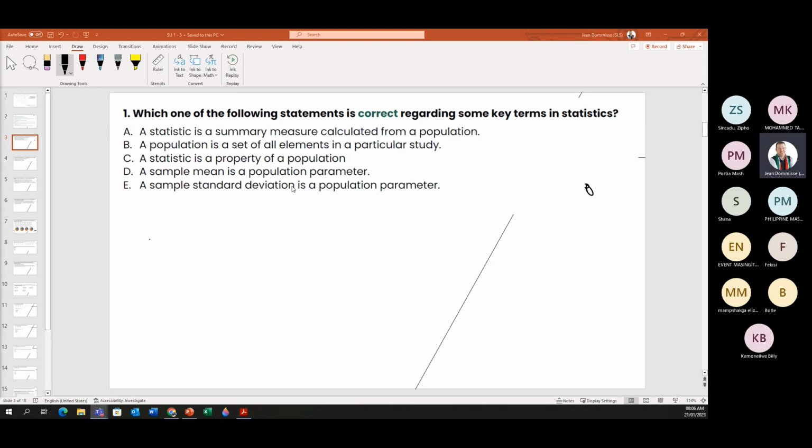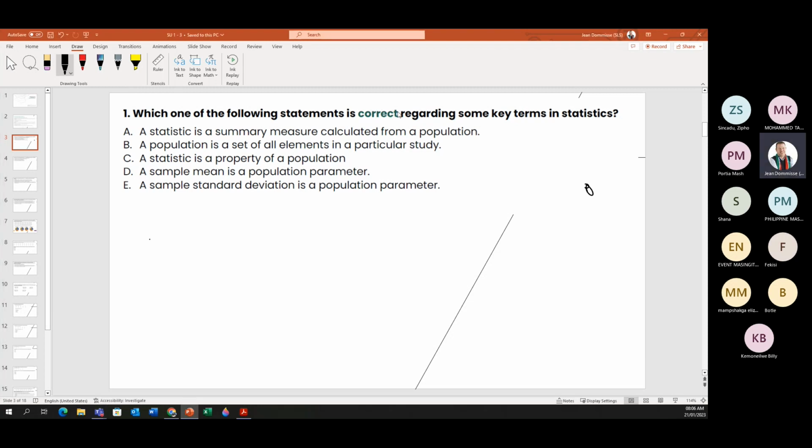The first question we look at is: which of the following statements is correct?